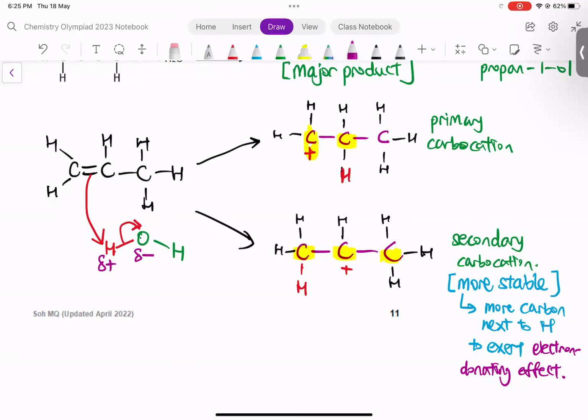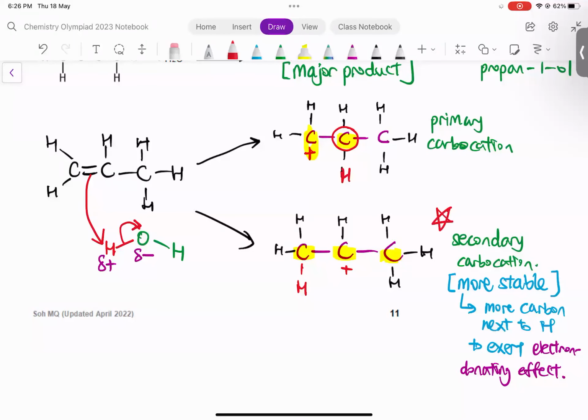The more carbon atoms you have next to the positively charged carbon, the more electron donating effect there is. Remember, it must be directly next to it. The primary one only has one carbon next to the positively charged carbon, not two, because the second carbon that's further away cannot exert much effect. It must be directly next to the positively charged carbon. So because the secondary carbocation is more stable, this is the major product.